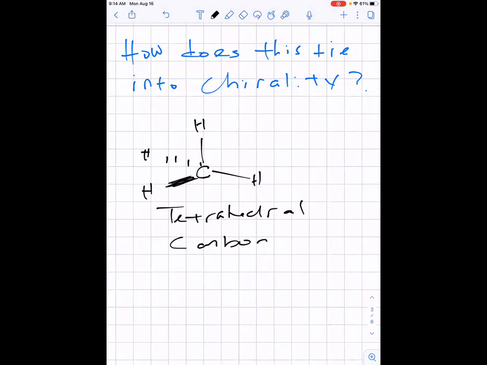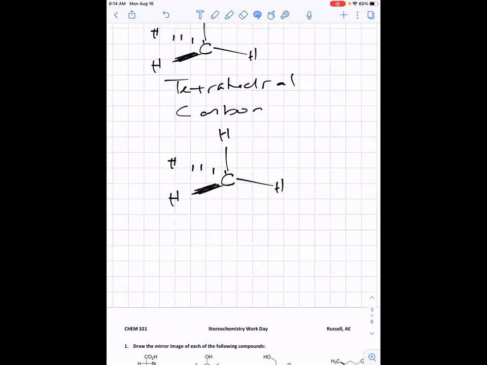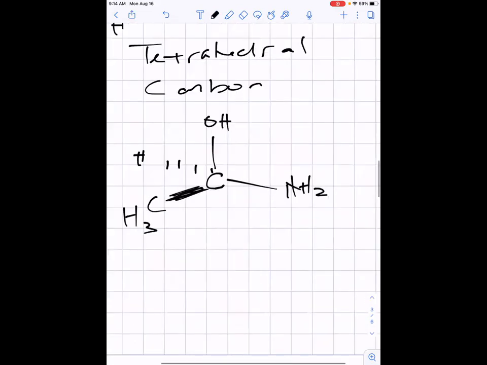But if I took that same carbon, and I'm gonna cheat and copy this, and I swapped out 3 of the groups and put some different groups in, let's say an OH, NH2, and a CH3, now this carbon becomes what we call a chiral center.